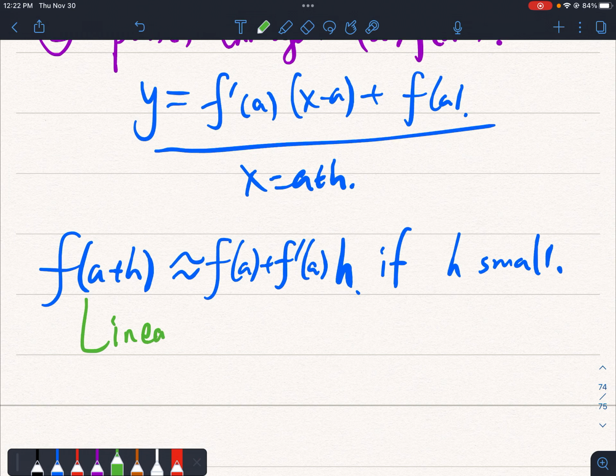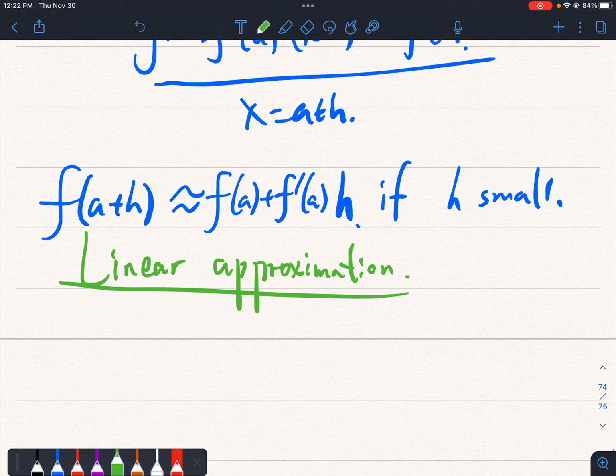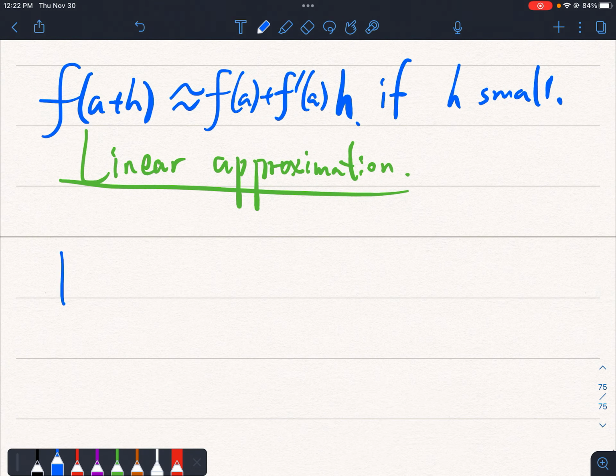And you can see that the right hand side is a linear function of h. So this is why it is called a linear approximation. Whenever a function is differentiable at a point, we have a linear approximation around A, which means f of A plus h is approximately f of A plus f prime of A times h.